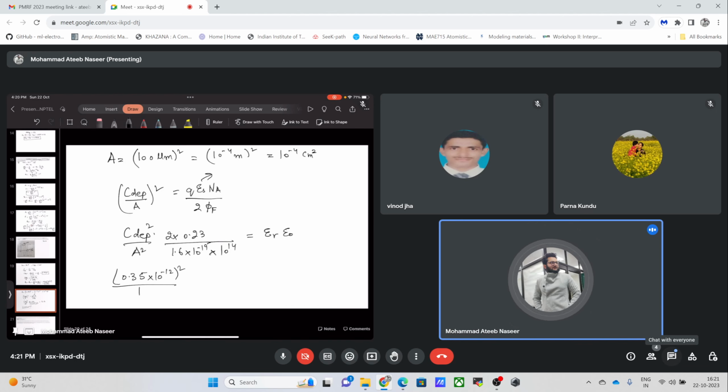It comes out to be equal to 3.98. This epsilon r is the relative permittivity of the semiconductor, so it has a value approximately equal to 3.98.